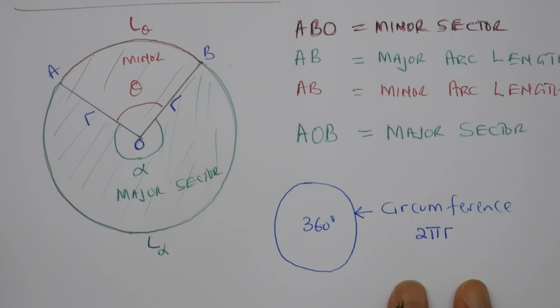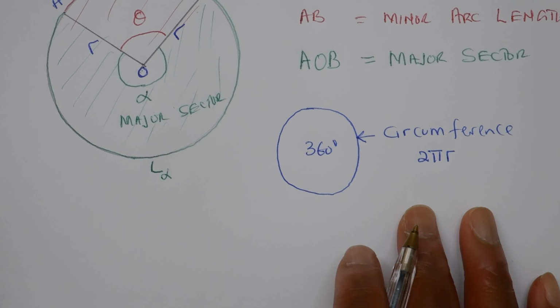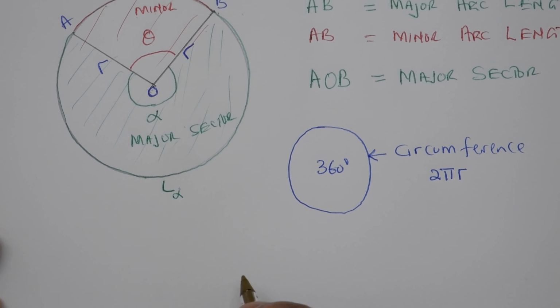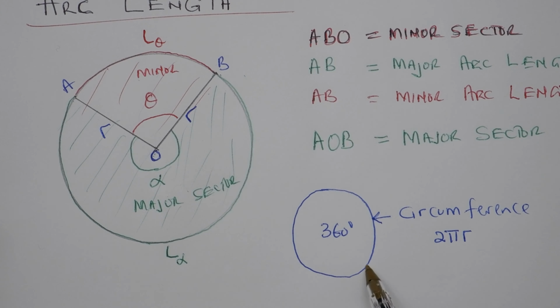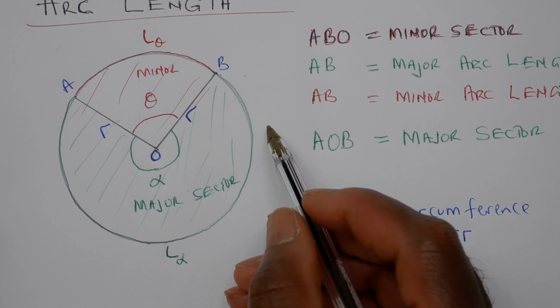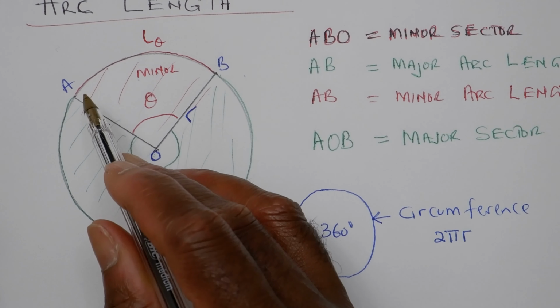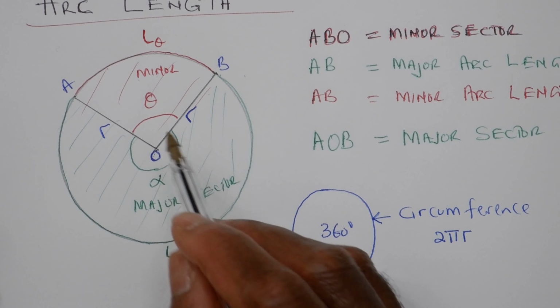Now we can generate a relationship here. The circumference of a circle divided by its angle is equal to the arc length divided by its angle.